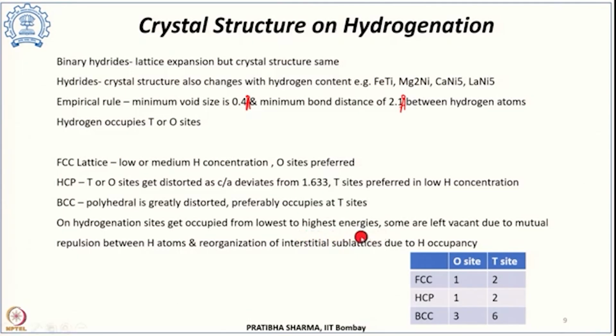However, it has also been observed that some of the sites are still left vacant. This is either because of the mutual repulsion between the hydrogen atoms, or because of a reorganization of the interstitial sublattices due to hydrogen occupying these sites. So this is how the crystal structure is affected on hydrogenation.